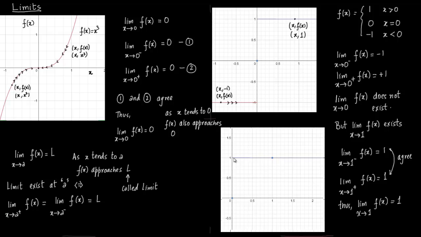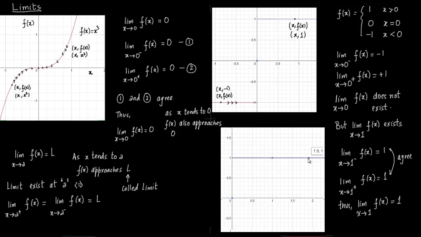Now let us see more interactively. Now you can see from the negative side, as we are approaching 1, only the x coordinate is varying, the y coordinate or the f of x is constant. Now you approach 1 from the positive side, that is numbers slightly above 1.